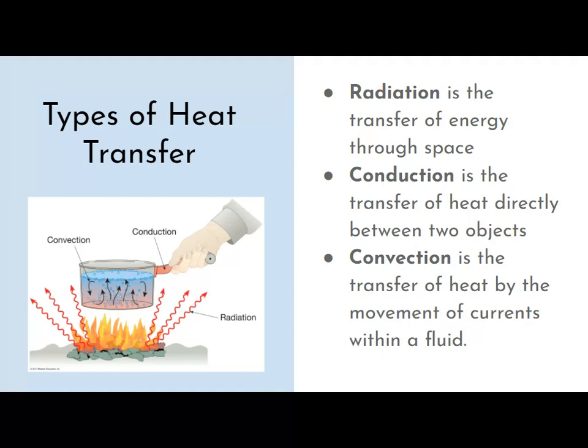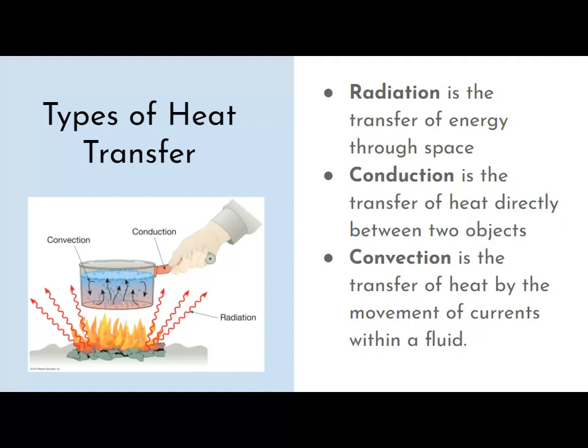So, radiation is the transfer of energy through space. So, if we were all sitting around a campfire, right, you stick out your hands, they feel warm. That is heat transfer by radiation. So, if you had those little hand warmers, you set them on the table, put your hand over it, not necessarily touching it, that would be considered radiation.